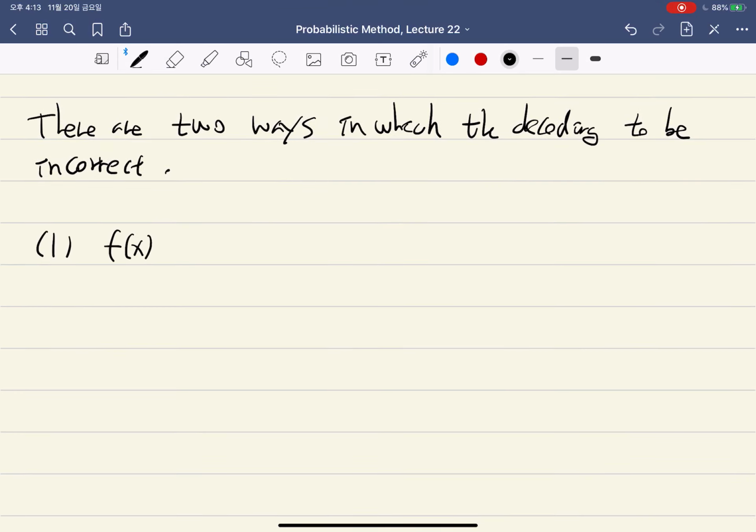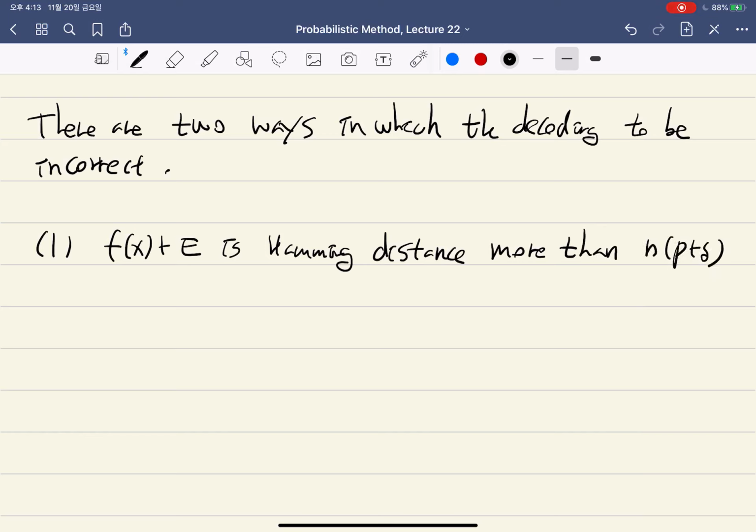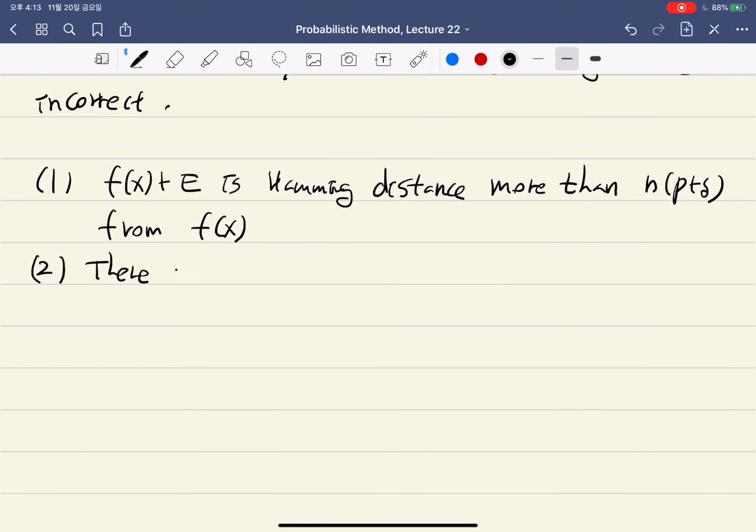First is that f of x plus e is at Hamming distance more than n times p plus delta from fx, or there is x prime which is different from x such that fx and fx prime are close.